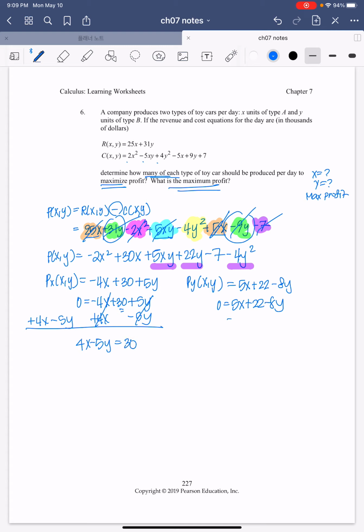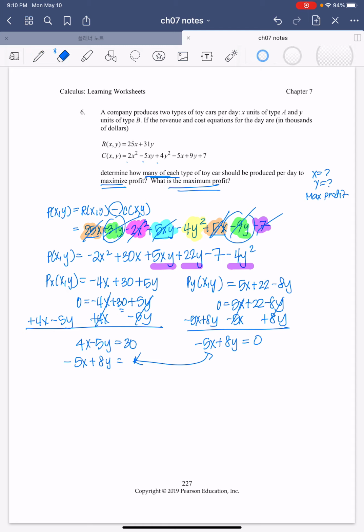Here, I'm going to subtract 5x, add 8y. Subtract 5x, add 8y. So negative 5x plus 8y equal to 0. Now let's set these lines up, so using elimination. Oops, I keep saying equal to 0, but it should be equal to 22.